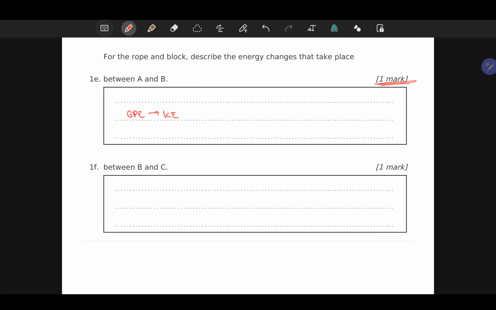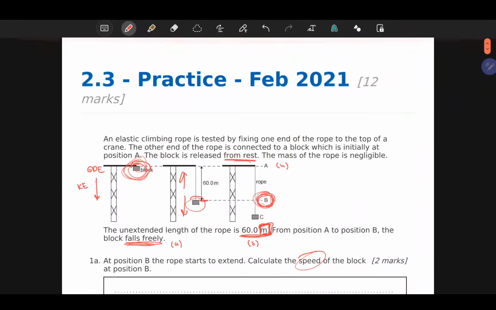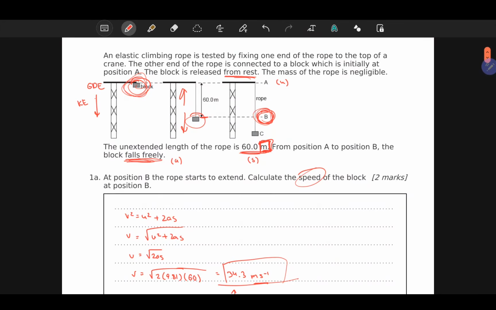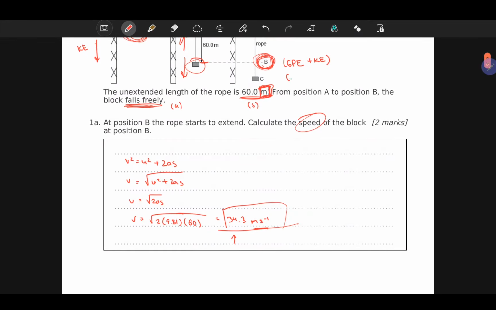And between B and C, we know that it's already in motion, so the entire mechanical energy at B, the gravitational potential energy. Remember, there's still gravitational potential energy at this point. It's not at the ground level. And there's also going to be kinetic energy because the block is in motion at point B. So we know that the gravitational potential energy plus the kinetic energy moves down and in turn turns into elastic potential energy in the rope, right?